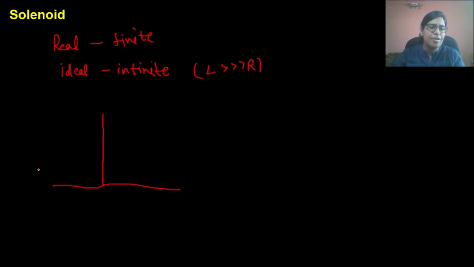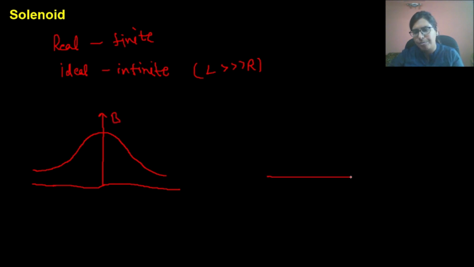For a real solenoid, the magnetic field will be like this, and for an ideal solenoid, the magnetic field inside the solenoid will be constant and the value of this will be mu naught Ni. At the end of the solenoid it will be mu naught Ni by 2.